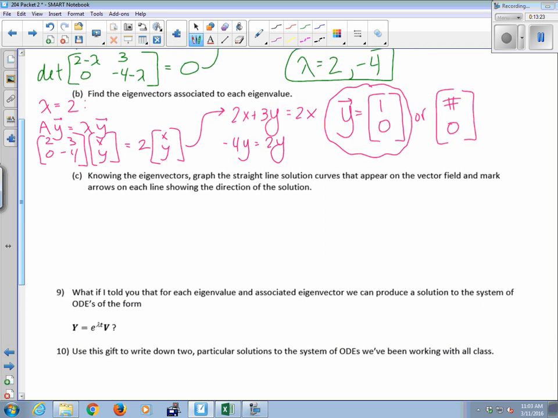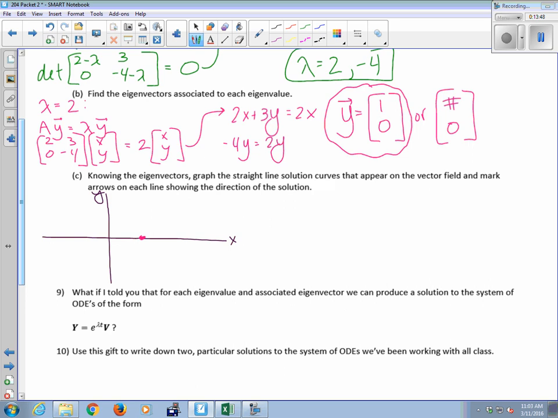All right, so we now know the eigenvectors. I want to graph the straight line solution curves that appear on the vector field and mark the arrows on each line showing the direction of the solution. So this is x, y, my direction field. And my straight line solutions are the eigenvectors. So I have 1, 0 is one of them.